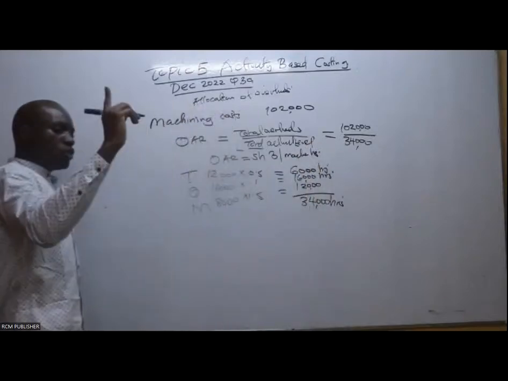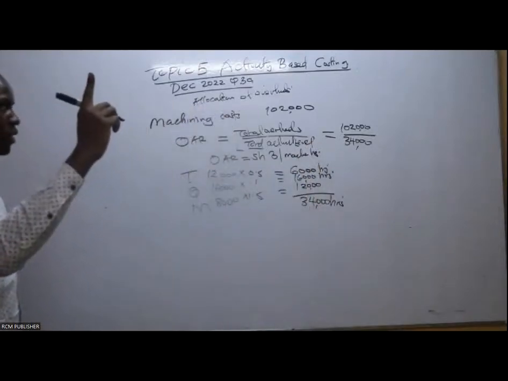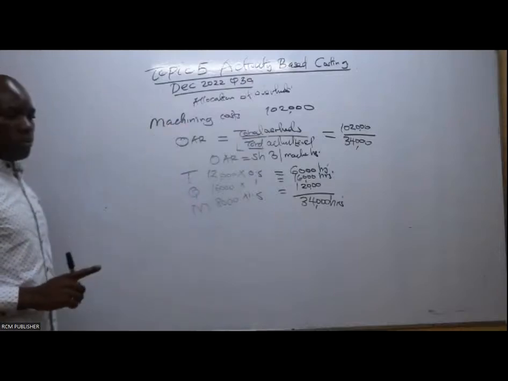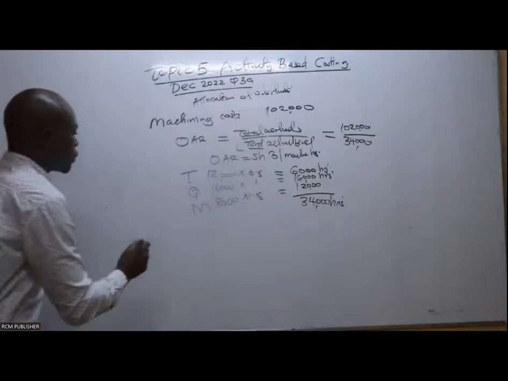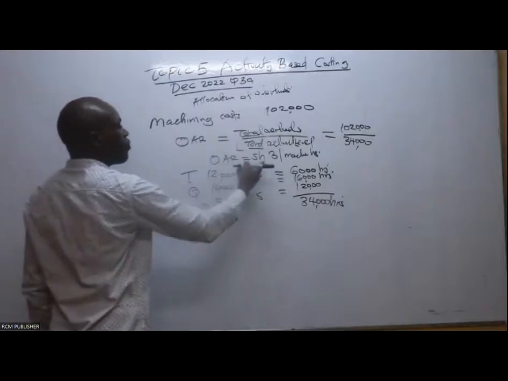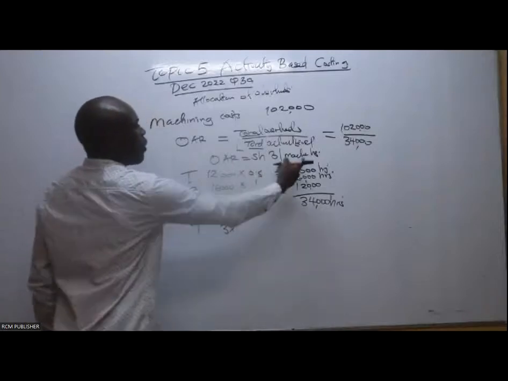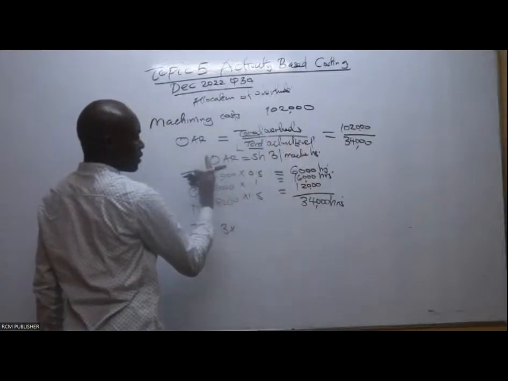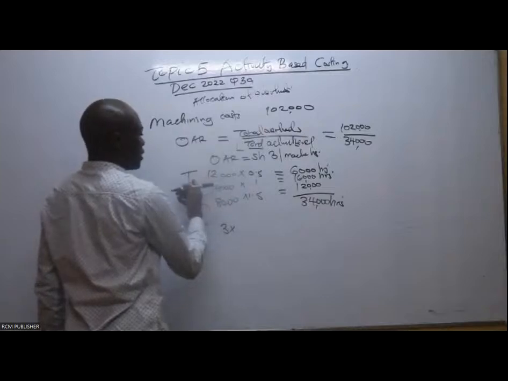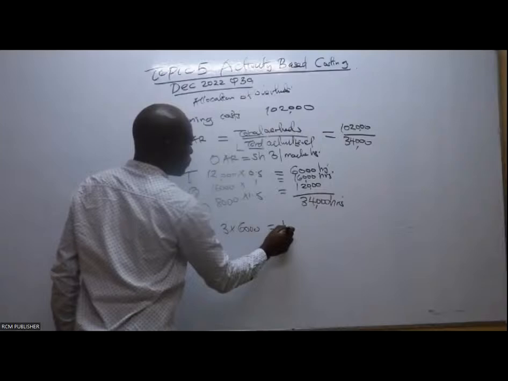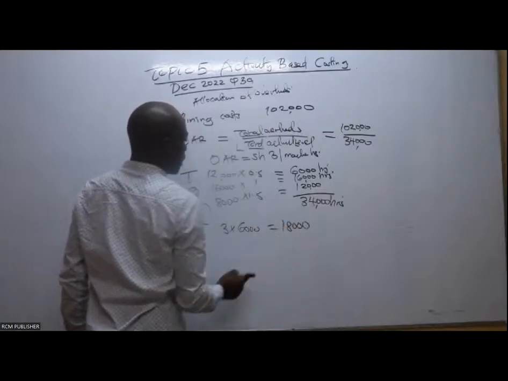So when I allocate the machining cost to T, Q, and M, T will have the overhead absorption rate, which is 3 per hour, multiplied by the hours taken by product T, that is 6,000, to give me 18,000.